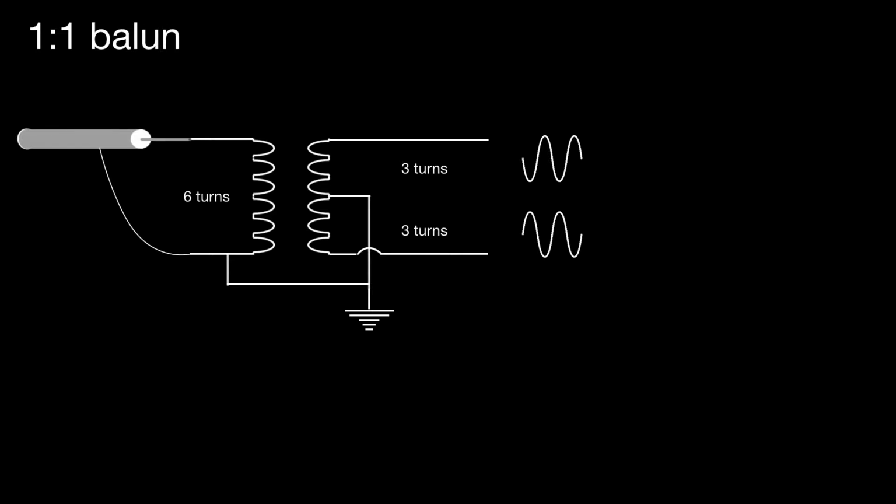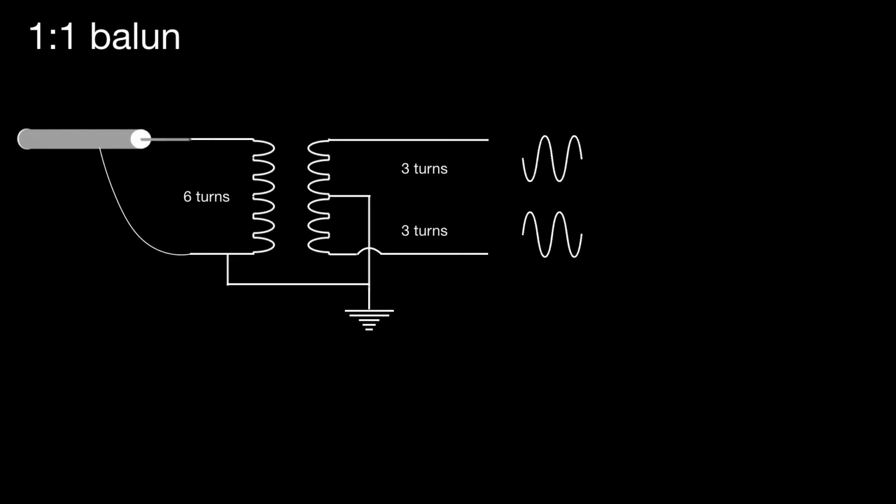So let's have a look at some Baluns then. Here's a 1-to-1 Balun. It has 6 turns on the primary and 6 turns on the secondary. The primary, as shown before, is connected to earth at the bottom end of the winding, and that's connected to the braid of the coax. And the centre conductor is connected to the top of the primary.